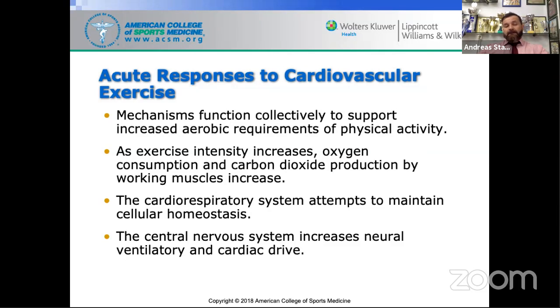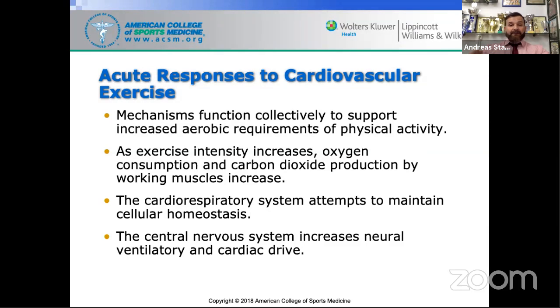In order to do that, one way is the CNS, the central nervous system, which we're going to talk about more in a little bit. It increases the neural ventilatory and cardiac drive. By doing that, our body is responding.